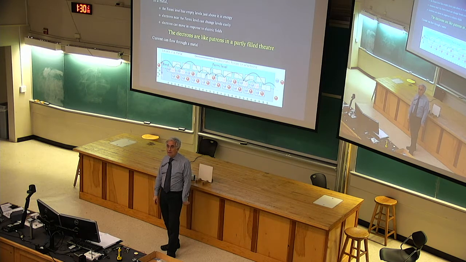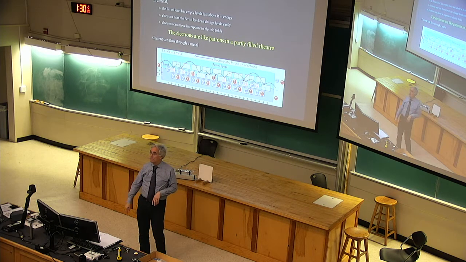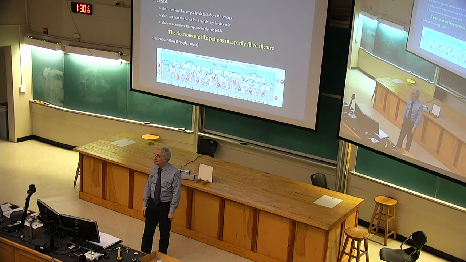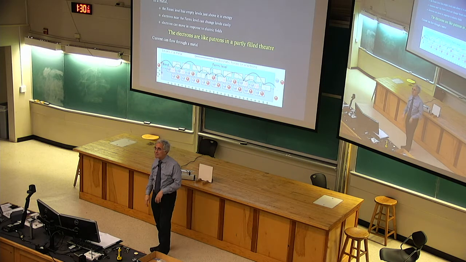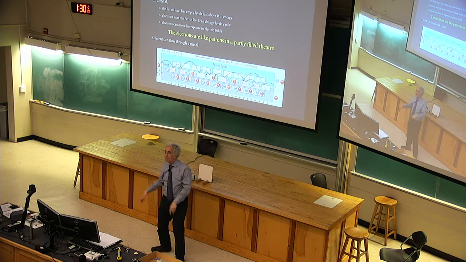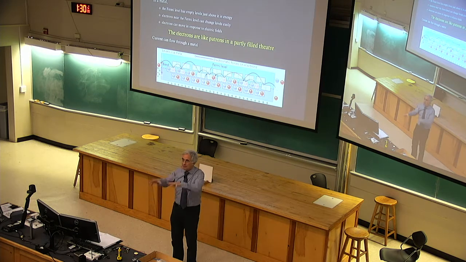And the analogy here is like, again, a theater. We won't worry about the balcony right now, but the ground floor is not full. It's sparse, not sparse, we don't know. It doesn't matter whether it's sparse or almost full, somewhere in that territory. And now if I say everybody move west, you can do it because you can find a seat nearby to hop over, and then another seat to hop over. Everybody can start hopping.